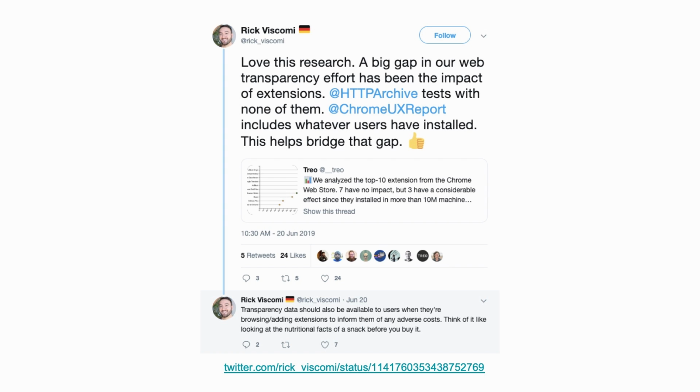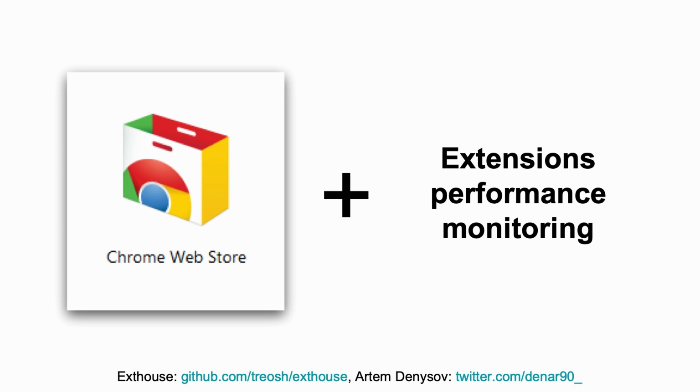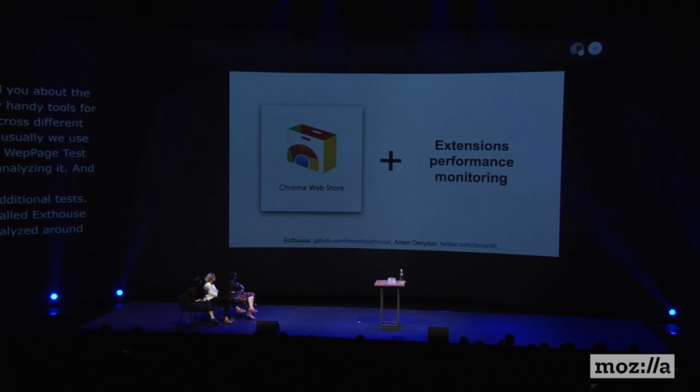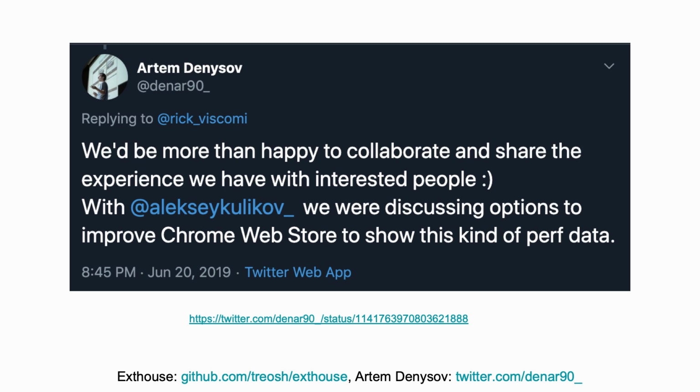After release, we got really positive feedback from Google developers and from extension developers. We proposed to extend the Chrome Web Store with functionality for badging extensions or adding some check marks if an extension has a performance impact on users, and we'll be more than happy to talk with developers and help them share information we have to do that.